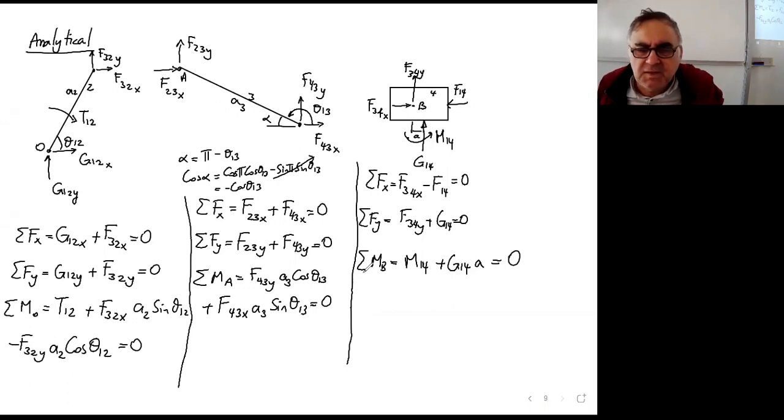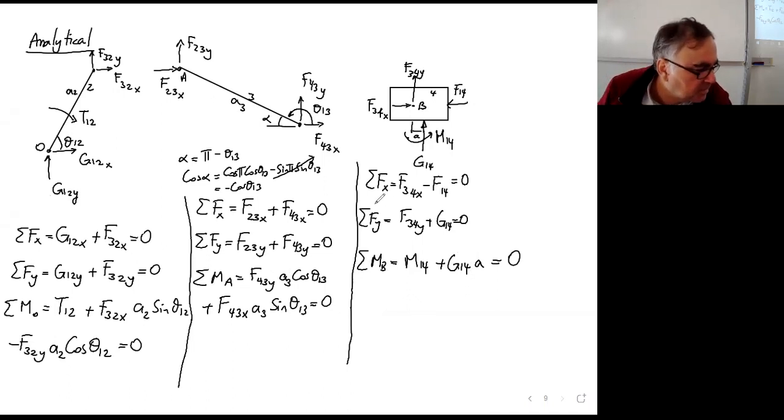So we have 9 equations here, as you see, from the free body diagrams. And also we have compatibility equations, actually. Let me write them here.